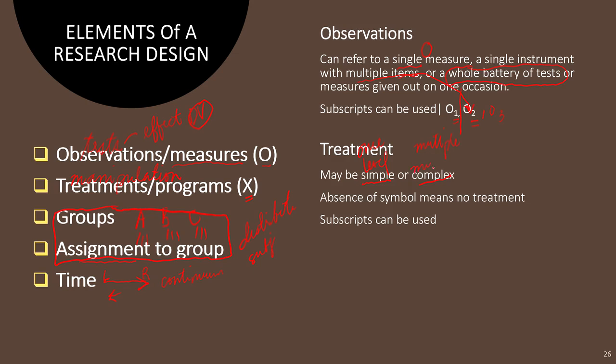Okay? Multi-level. Okay? Those are two different things, no? We're talking about degree here, okay? And this is instances or words, okay? And then the absence of the symbol X means there was no treatment.